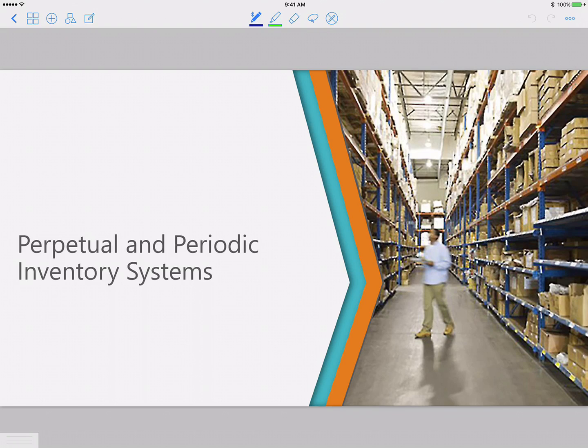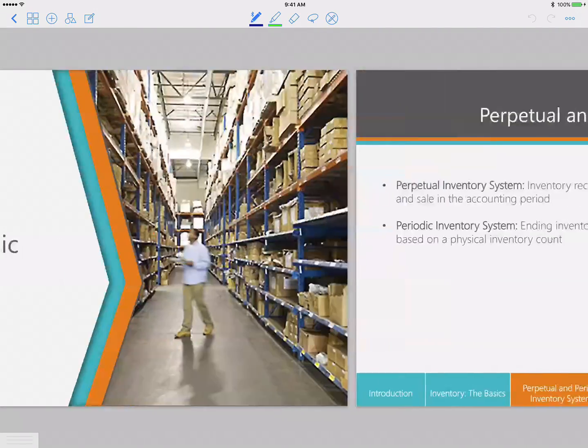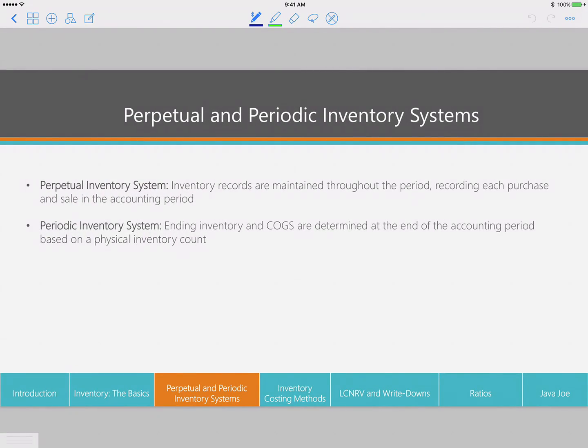So I want to talk about the difference between perpetual and periodic inventory systems and what they are. So a perpetual inventory system, under such a system, records are maintained throughout the period, right? It's perpetual. We're constantly keeping track. So we record each purchase and each sale in the accounting period.